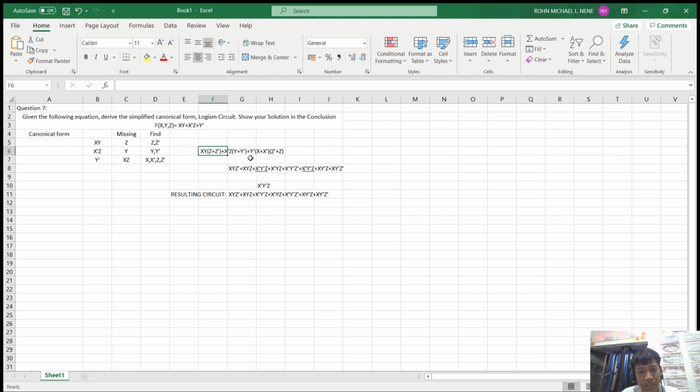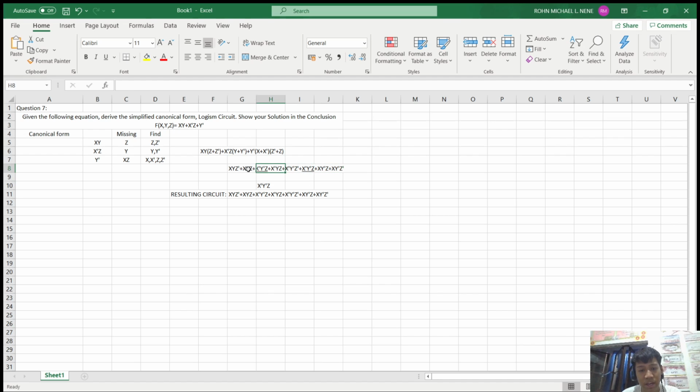From this equation we can get the next equation, and by distributing the x, y, and z in the parentheses, you will get x, y, z complement, and then x, y, z, x complement, y complement, z, and then x complement, y, z, and then x complement, y complement, z complement, and then x complement, y complement, z. And for the next is x, y complement, z, and finally x, y complement, and z.